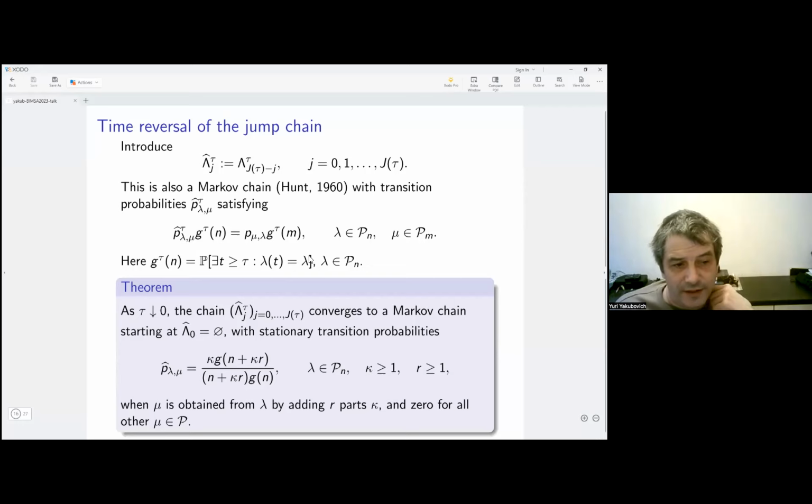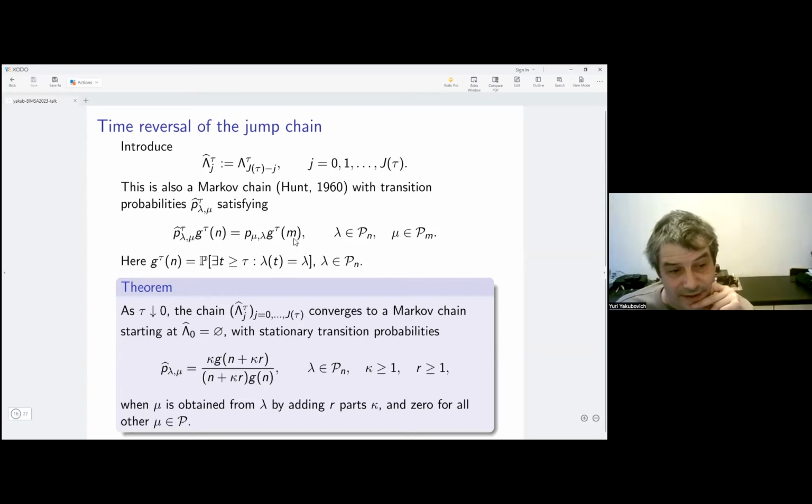Basically, this relation means that the expected number of passes from lambda to mu in the reversed chain is the same as the expected number of passes from mu to lambda in the forward chain.